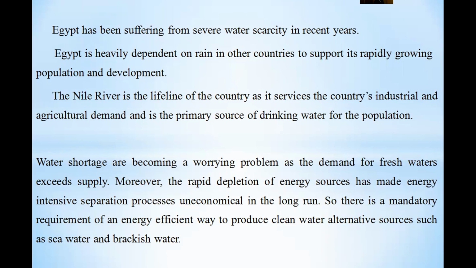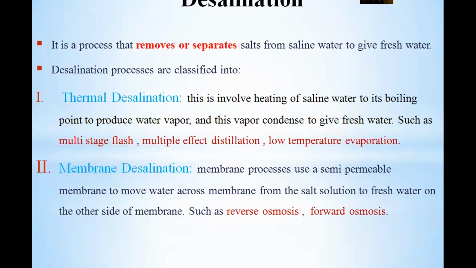So we are searching for other sources to get fresh water, such as seawater and brackish water, by desalination. What is desalination? Desalination is removing or separating salts from saline water to give fresh water.